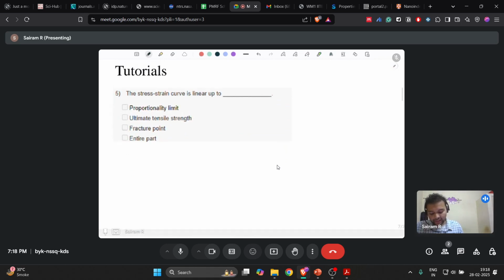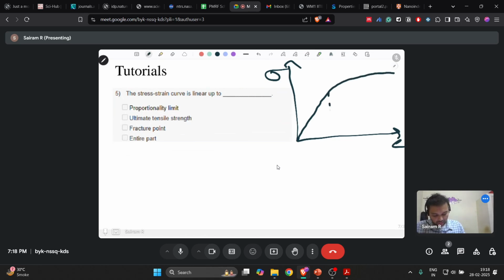The stress strain curve is linear up to dash limit. The options are proportionality limit, ultimate tensile strength, fracture point, and entire part. We have seen this in more detail in this week's classes, where if we plot the stress strain curve, we do have a region of linearity from say point O to point A in the case of metals and ceramics, but not in the case of polymers, as we would have observed in this week's classes.